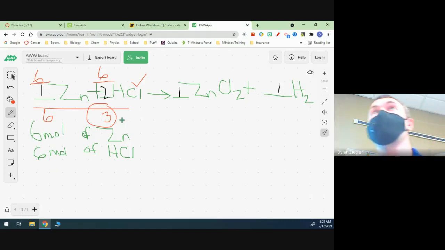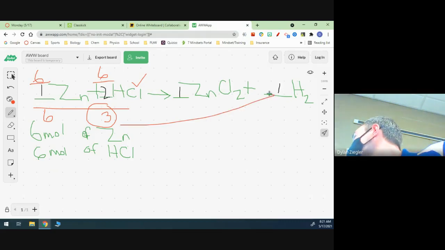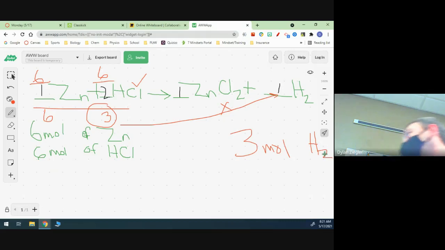Yeah, I would take 3 times 1 here, and that would give me 3 moles of hydrogen. And then if I was getting super tricky, I could say, how many grams would that be? And then you would need the periodic table in a triangle. But we don't need to do that. I just asked for how many moles there. Good.